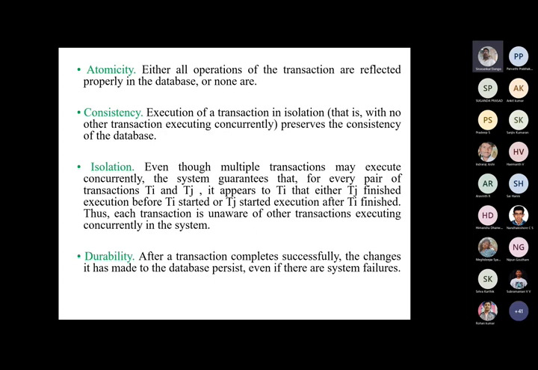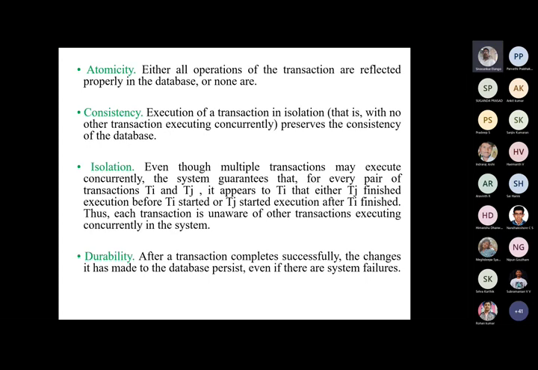The atomicity property, as you know, means either all the operations of your transaction are reflected properly in the database or none are reflected, right? So either all the instructions in a transaction are carried out, or we need to undo the effect of the transaction. If there is a failure, it's known as atomicity.